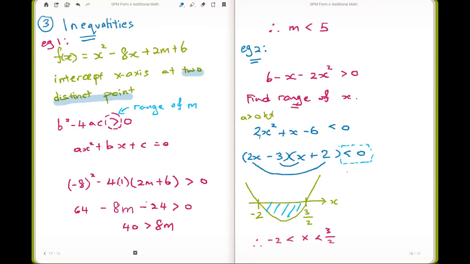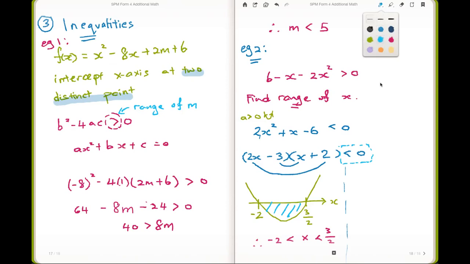In the event where the question asks for a value more than 0, the curve should remain the same, just that the area will be different. Here is -2, here is 3/2.